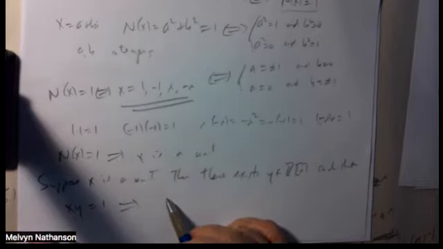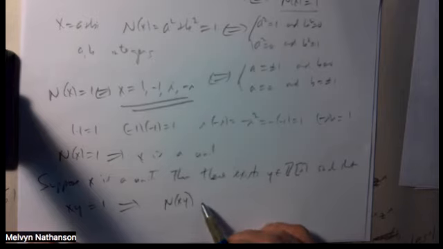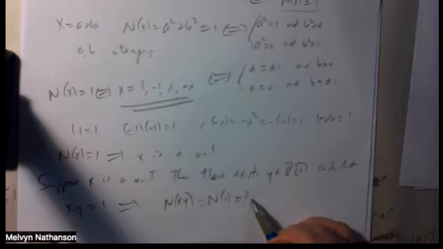So this means that the norm of xy is the norm of 1. The norm of 1 is 1, right? Norm of 1 is 1 squared plus 0 squared, which is 1. So the norm of xy is 1, but the norm of xy is the norm of x times the norm of y.